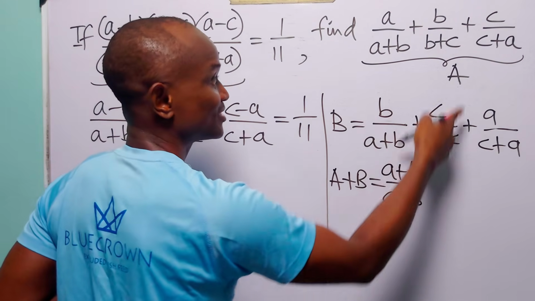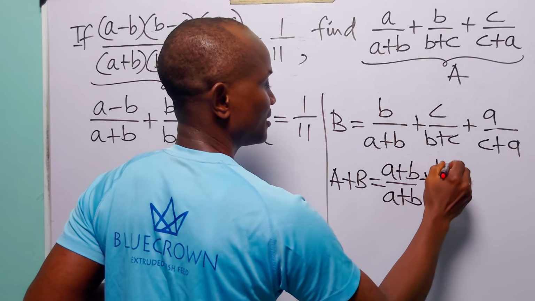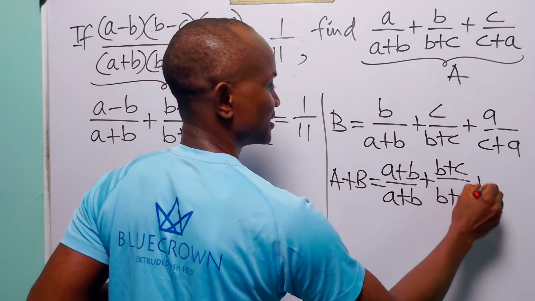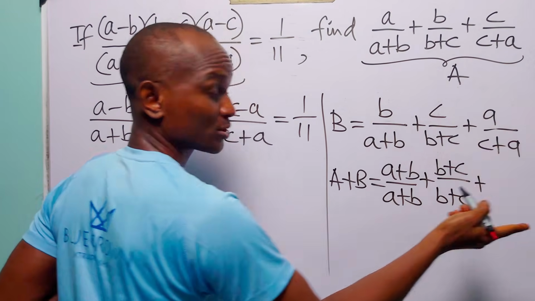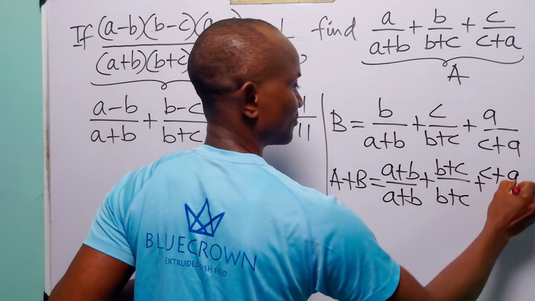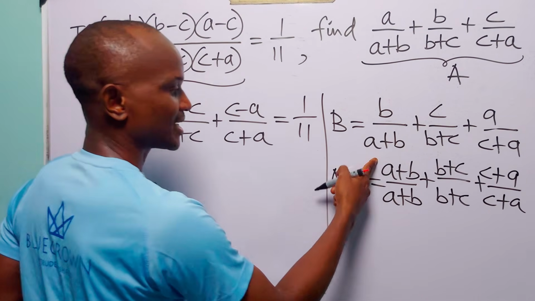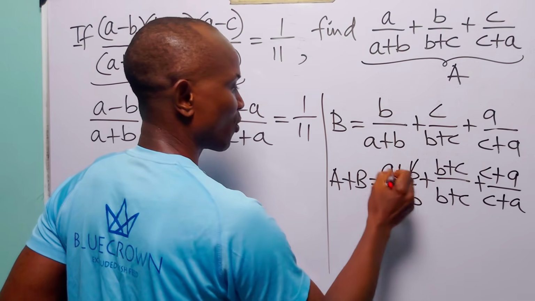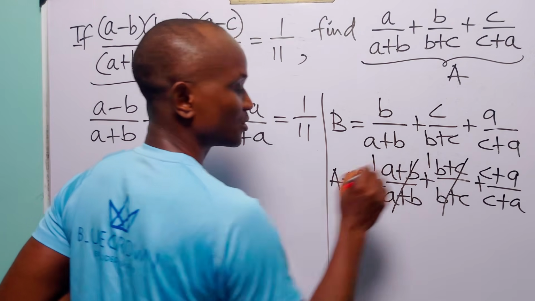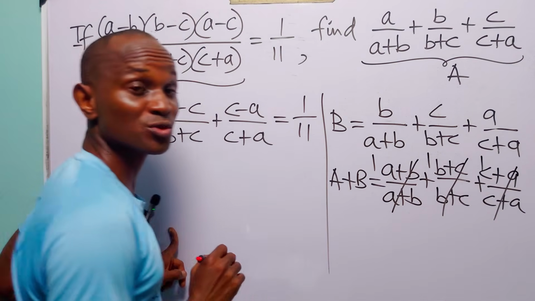In the same way, these two fractions have the same denominator, so here we have B plus C over B plus C. And in the third fraction, they also have the same denominator, so we have C plus A over C plus A. But of course, you know that A plus B over A plus B is equal to 1, B plus C over B plus C is equal to 1, and C plus A over C plus A is equal to 1.